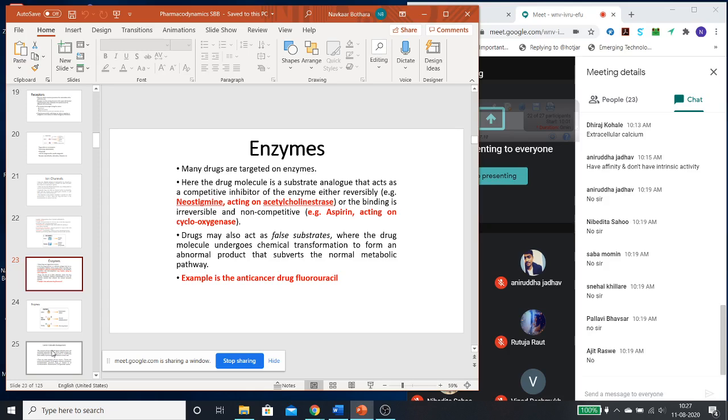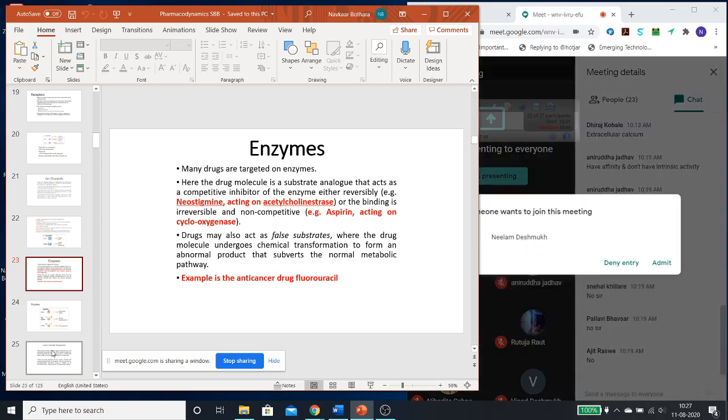There are drugs which can block monoamine oxidase. Then you know that acetylcholine is metabolized in the synapse by the enzyme called acetylcholinesterase. So wherever we want to increase acetylcholine activity, we can give a drug which can inhibit acetylcholinesterase. Because of inhibition of acetylcholinesterase, you can get more action of acetylcholine.